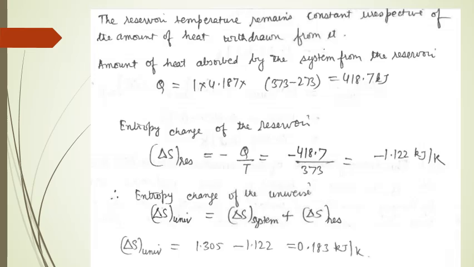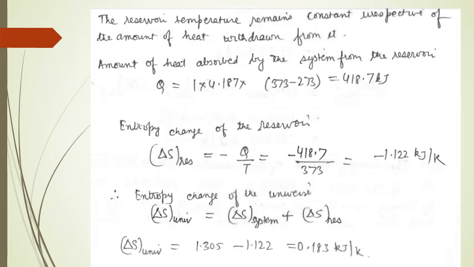Now the entropy change of the reservoir. 418.7 is the amount of heat given out or rejected by the reservoir, that is, given to the system, 1 kilogram of water. Because it is the heat rejected by the reservoir, it will come with a negative sign.